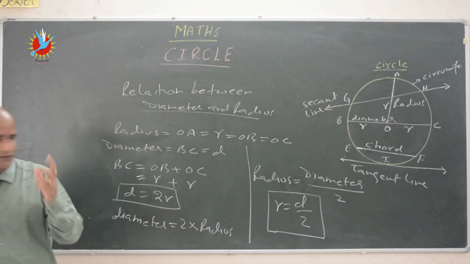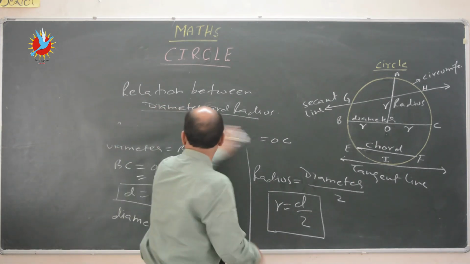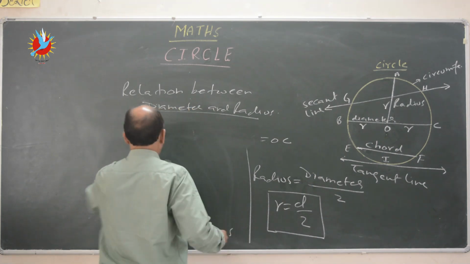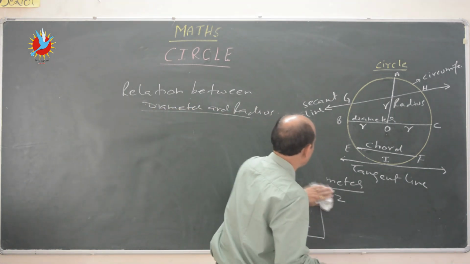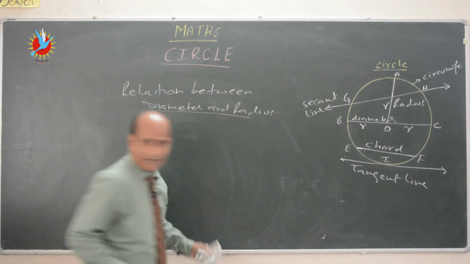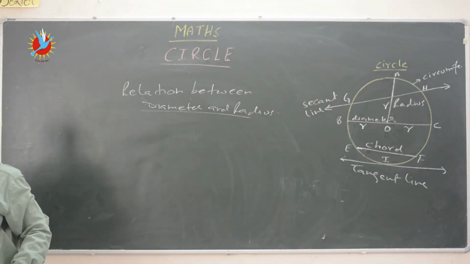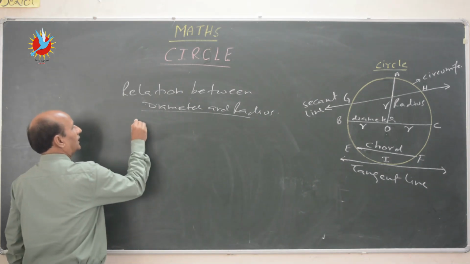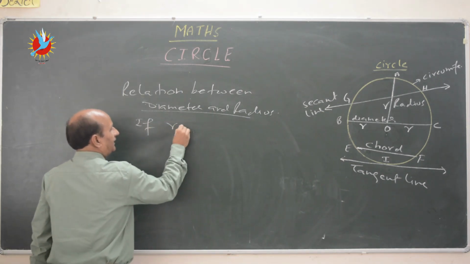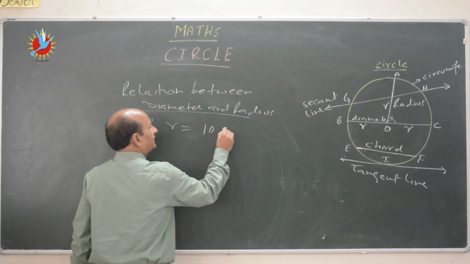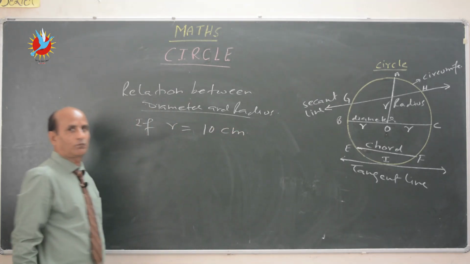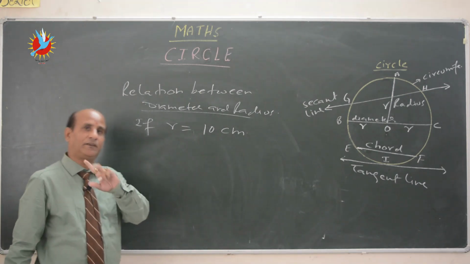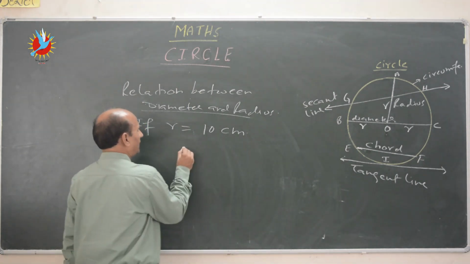Now I am taking one simple problem, how to find the diameter and radius. Suppose you are given: find the diameter of a circle if radius is equal to 10 centimeter. Then what is the relation between diameter and radius?